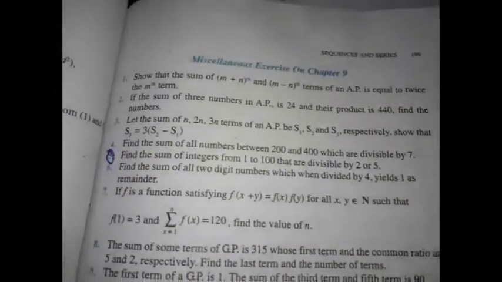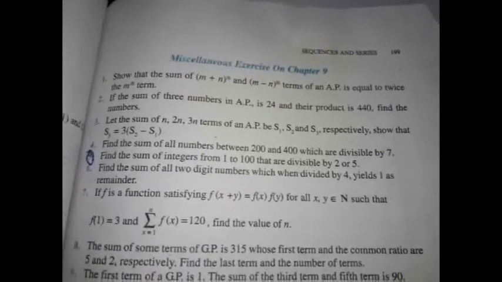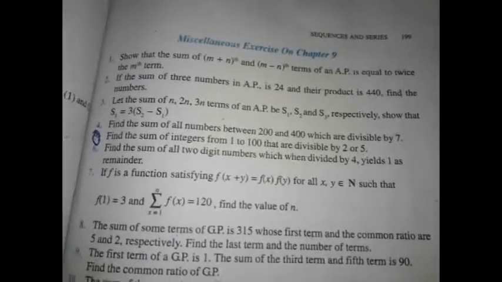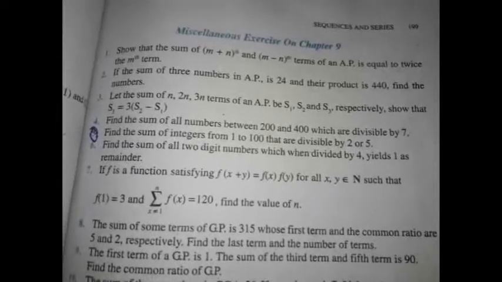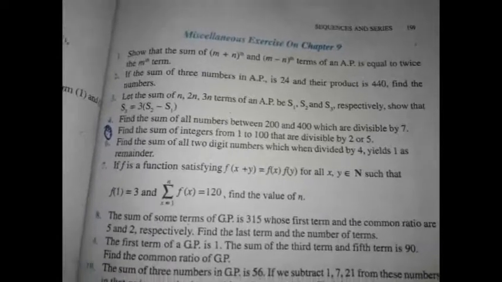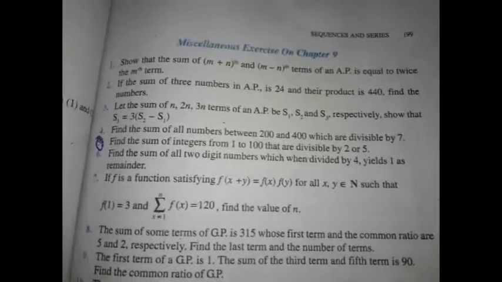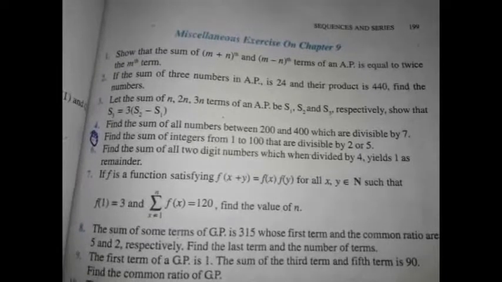Your next question. Let the sums of n, 2n, 3n terms of an AP be S1, S2 and S3 respectively. Show that S3 equals 3 times (S2 minus S1). This is also in the same way. Sn is the sum of n terms. What is the Sn formula in AP? n by 2 into (2a plus (n minus 1) times d).